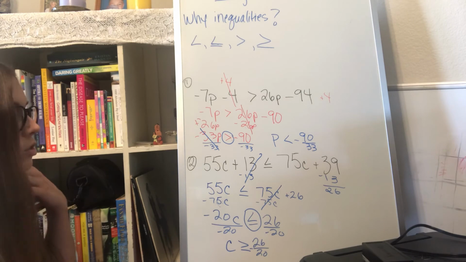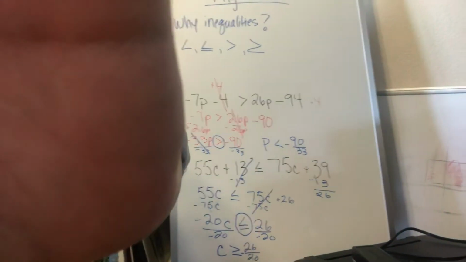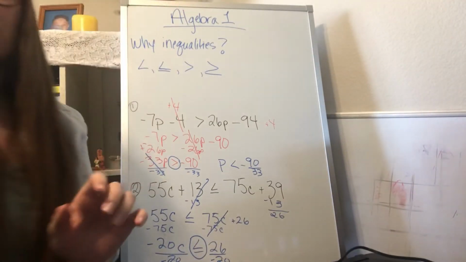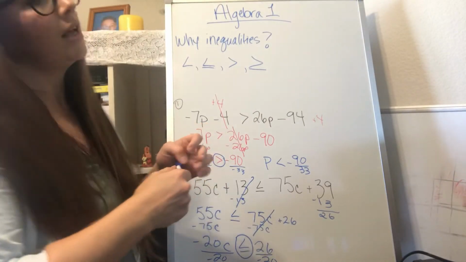Okay? So, really quick, those are the type of problems you guys are going to see on your work assignment today. But what I want to reiterate is the meaning of the inequality.